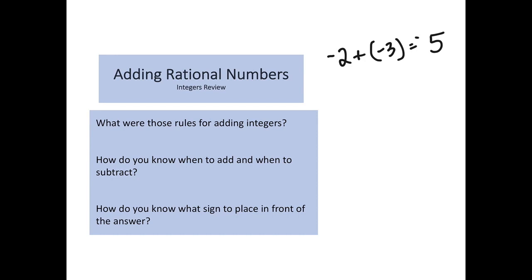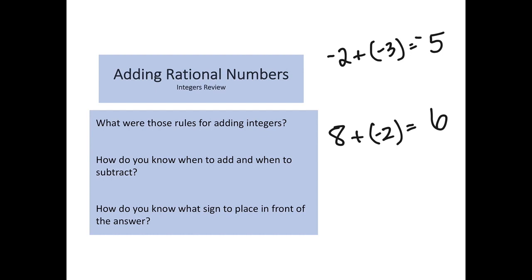Well, but what about if they're not the same? What if I have 8 plus -2? Well, when you have a positive and a negative, we now have to subtract the two absolute values. So we're going to take 8 minus 2, which is 6.